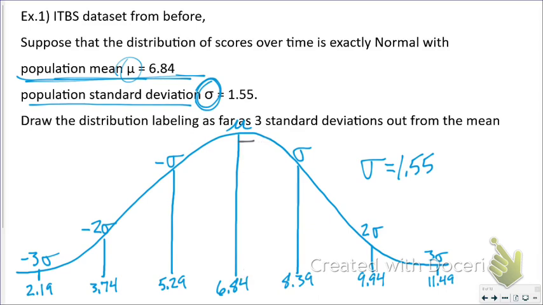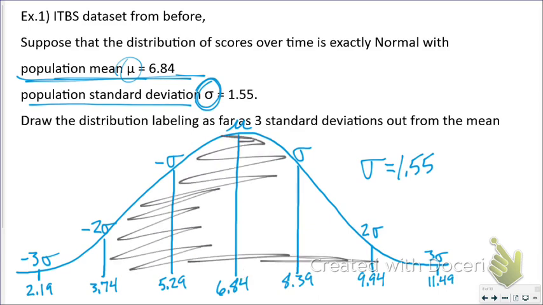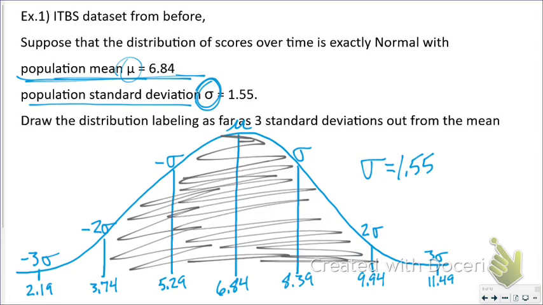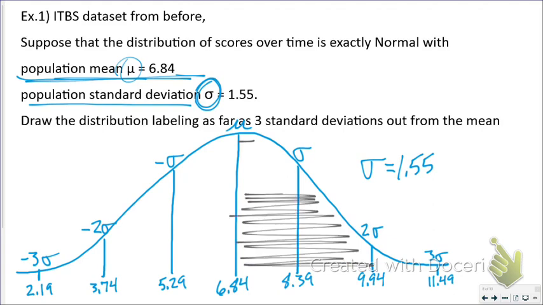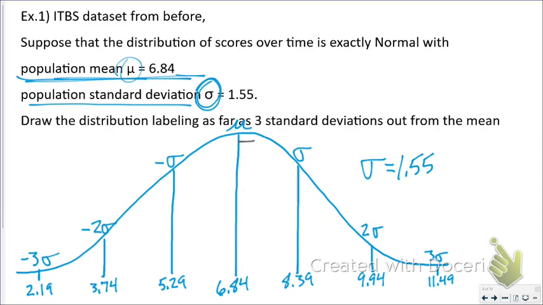That also, well, first back to the rule. This is 95%, which means half of that is 47.5%. All right? So sometimes you got to be clever with how you shade the areas and you apply the rule that we just looked at.